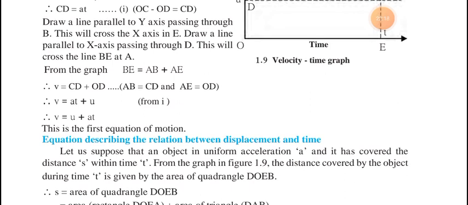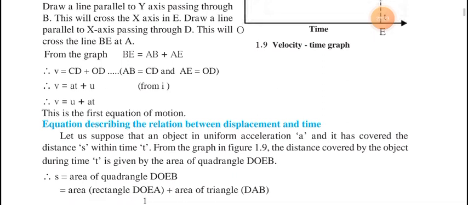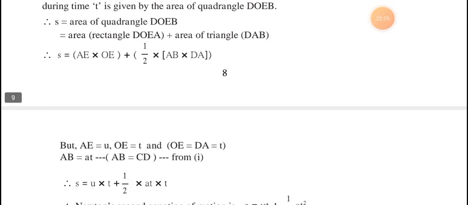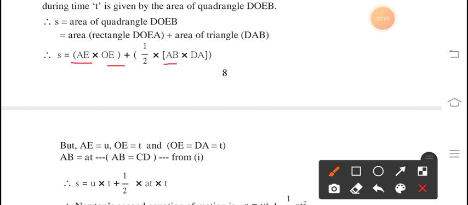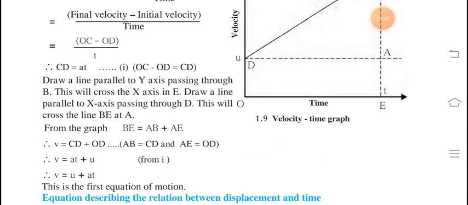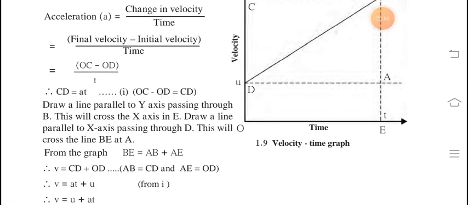So now we will substitute the values. We have to substitute the values instead of AE, OE and so on. So we will go ahead with the diagram as well as this description. First of all, we will see what AE is. So let's go ahead with the figure.